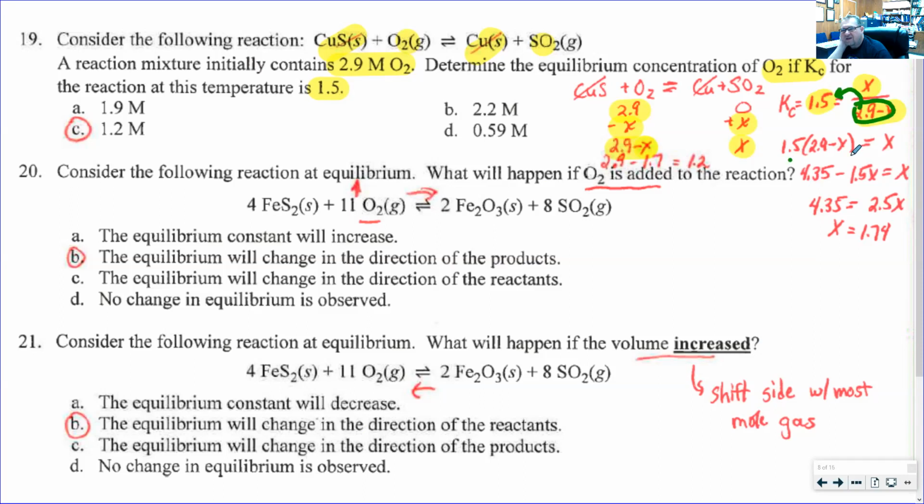And then I'm going to take the 1.5 and distribute it to both terms inside the equation. I get 4.35 minus 1.5x is equal to x. I solve it for x, and x is equal to 1.74. And now I plug this back in to find out what the concentration is. It was 2.9 minus 1.74, in significant figures, and I'm left with a concentration of 1.2.